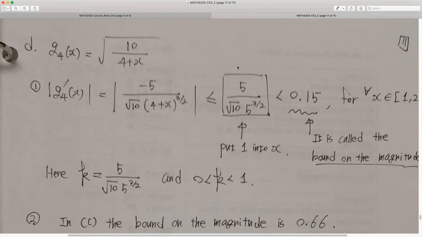So that fraction must be greater than or equal to all possible values of the fraction for any x in 1, 2, right? Calculating this, it turns out to be 0.15. That is called the bound on the magnitude. So G prime is bounded by 0.15, which is less than 1, right?